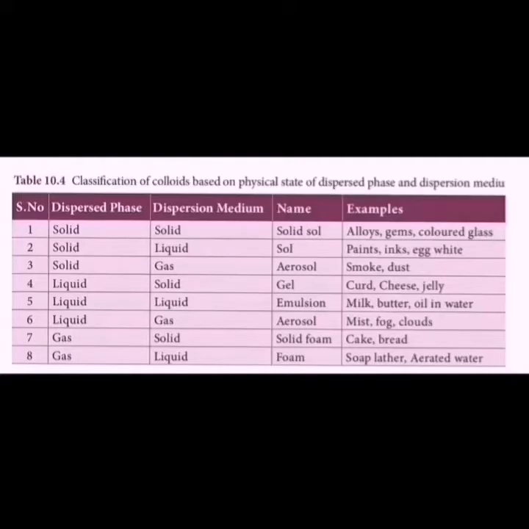Number 7. If the dispersed phase is a gas and the dispersion medium is a solid, then the name of the colloid is solid foam and the examples are cake and bread. Number 8. If the dispersed phase is a gas and the dispersion medium is a liquid, the name of the colloid is foam and the examples are soap lather and aerated water.